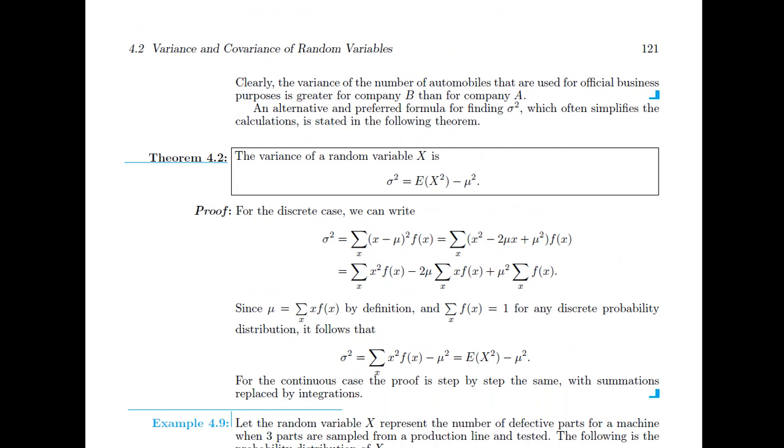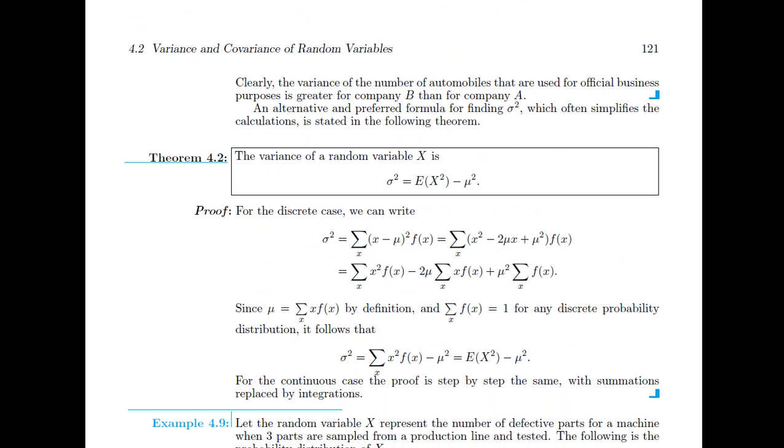Clearly, the variance of the number of automobiles that are used for official business purposes is greater for company B than for company A.